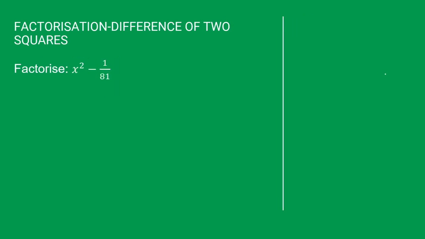And then the next one, square root of x squared is equal to x, square root of 1 over 81, 1 over 9. So we create our two brackets, minus, plus. Then it's x, 1 over 9, x, 1 over 9.